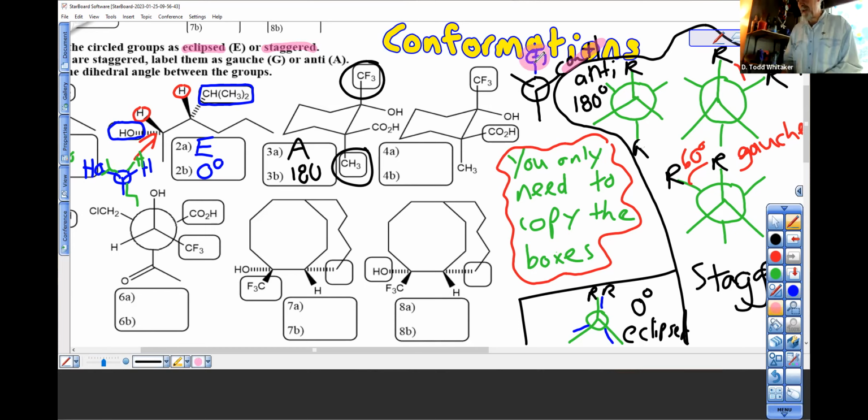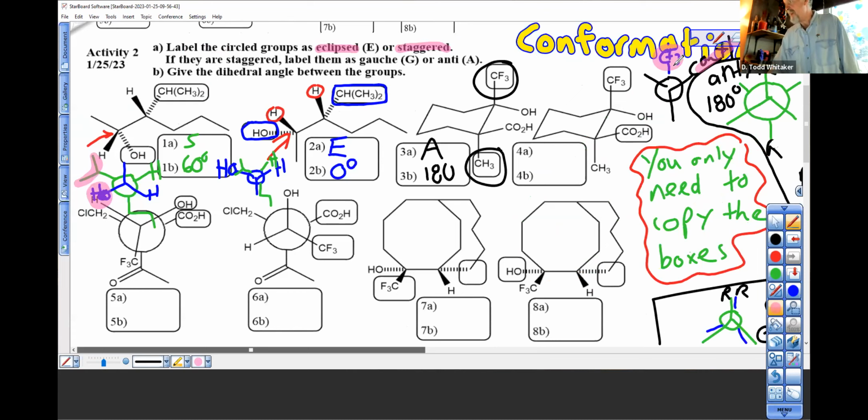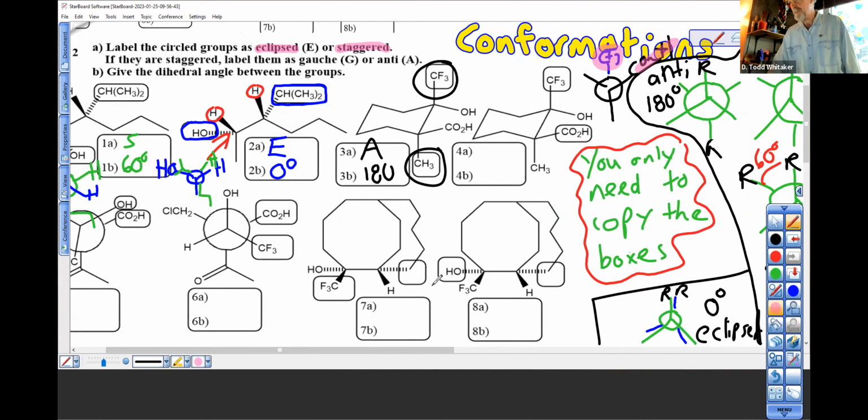Kind of looks like our first picture over here, doesn't it? Boom. Boom, other side. So what do you call it? Staggered or eclipsed first? Staggered. And we'll go in blue.